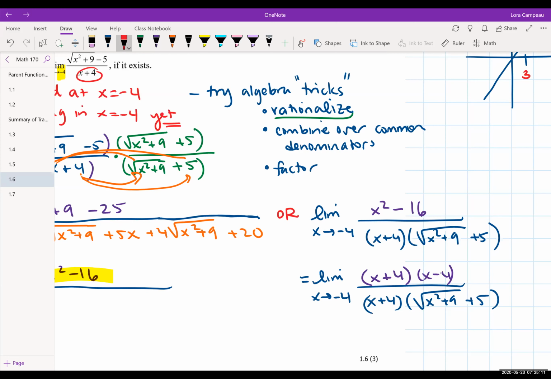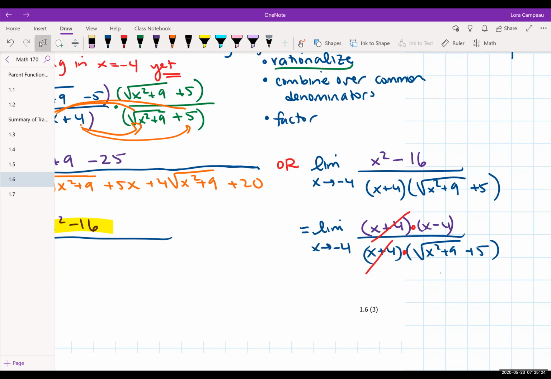Whenever you have common factors, you can divide them out, and you're allowed to because the original function was never defined at x equals -4. So what we're left with, as x is approaching -4, is x minus 4 over the square root of x squared plus 9 plus 5.